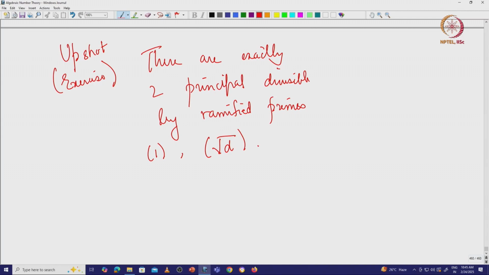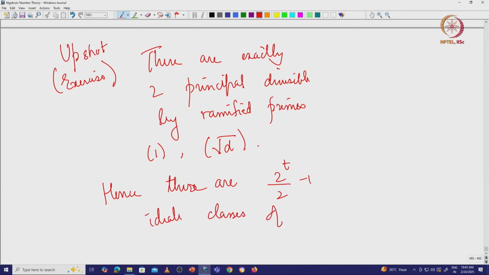And so, out of the 2 to the t ideals, there are these 2 which are principal ideals, and you see for every non-principal ideal there is also another ideal whose product gives you square root of d. So, what you get? Hence there are 2 to the t by 2 minus 1 ideal classes of order 2, and what is this? This is 2 to the t minus 1 minus 1, which is exactly what we wanted, right.